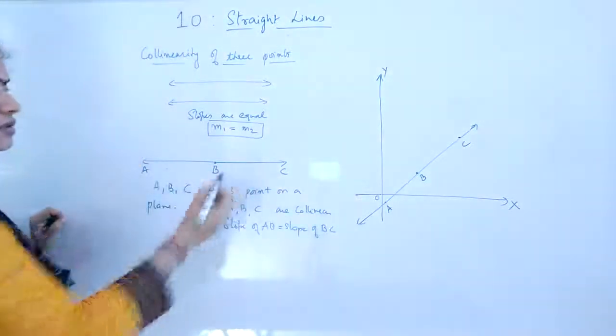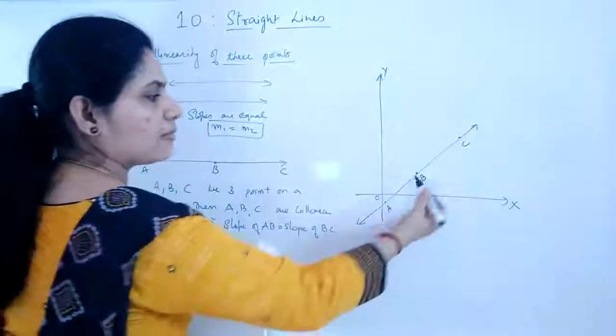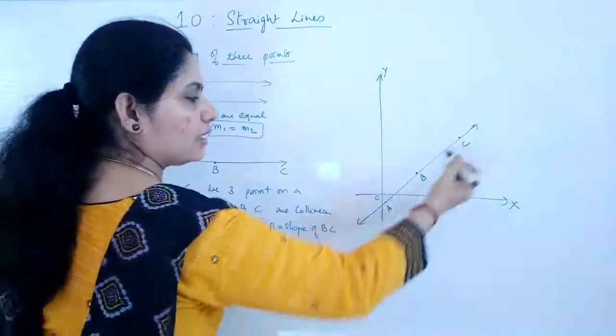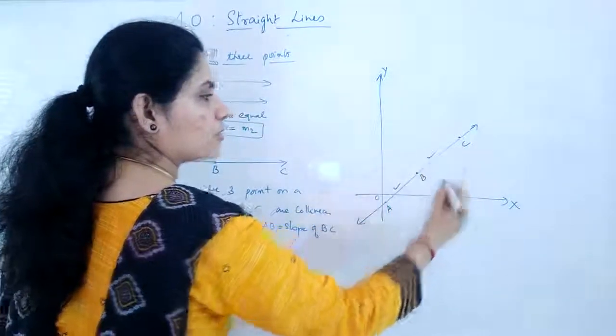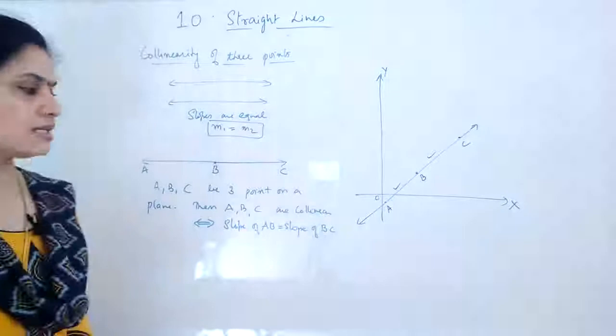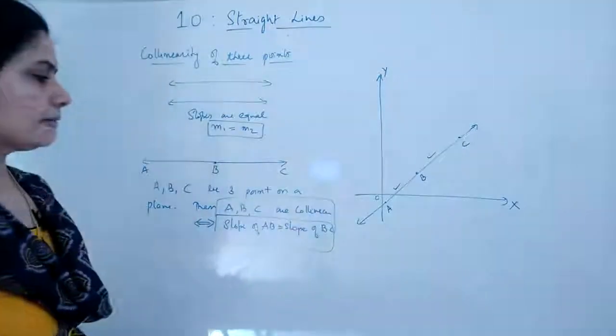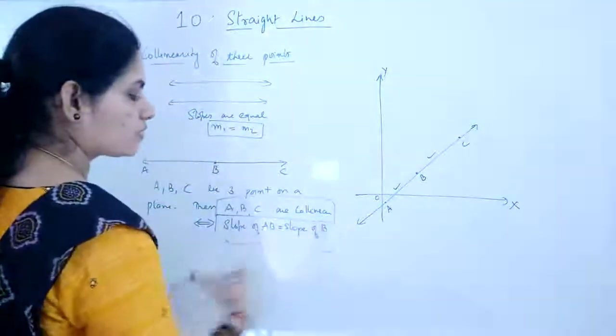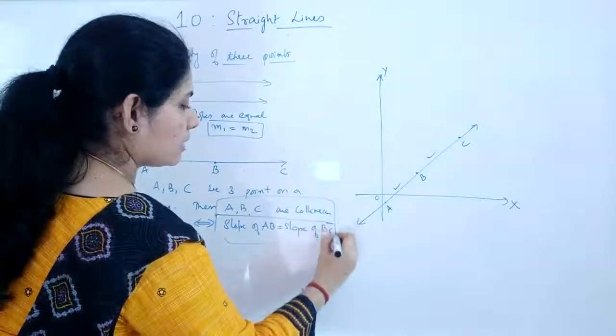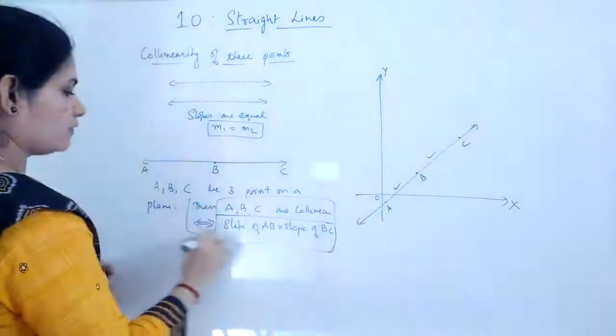Slope of this equal to slope of this. So here you can see ABC you have on a line, that means slope of this line will be equal to slope of this line. Okay, so this is the if and only if condition for the 3 points to be collinear. This is an if and only if condition.